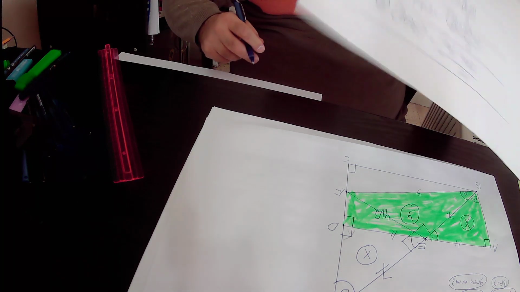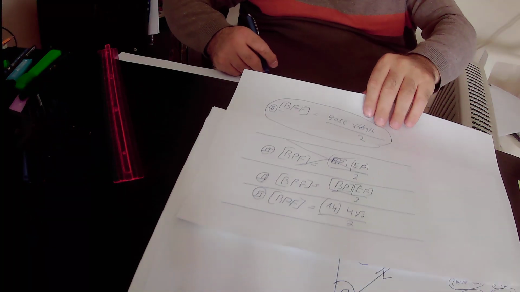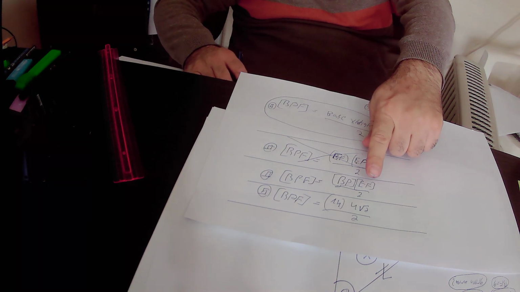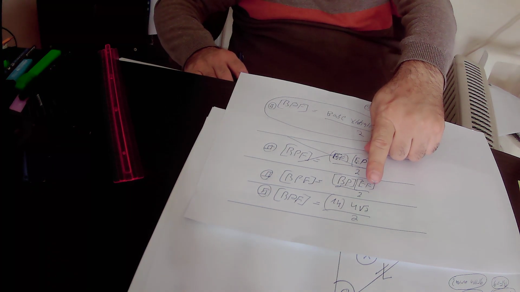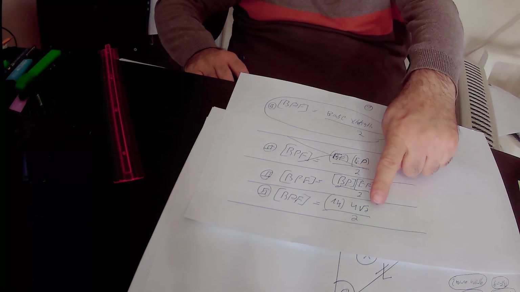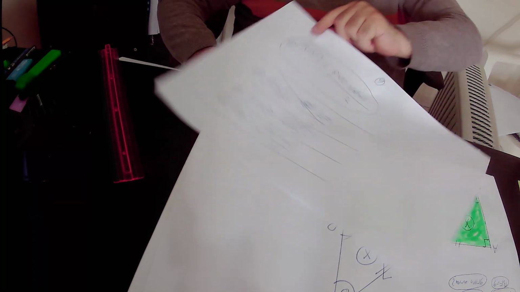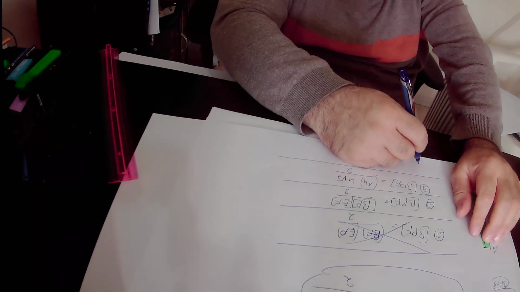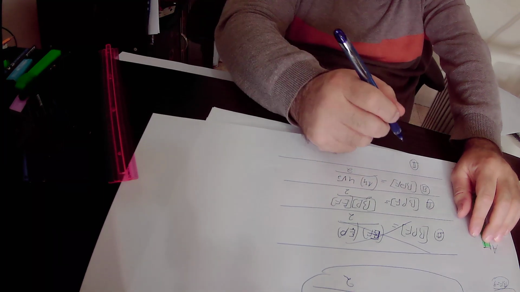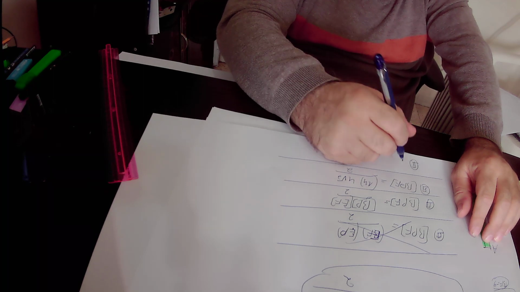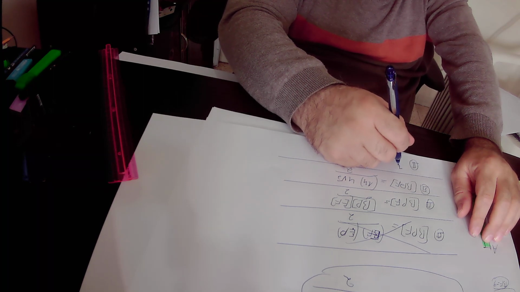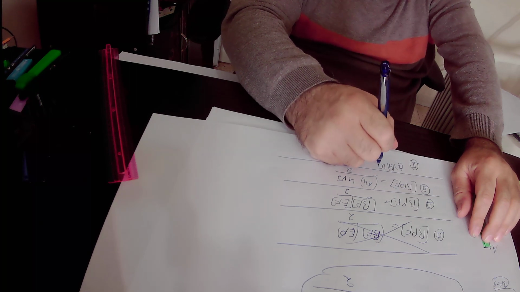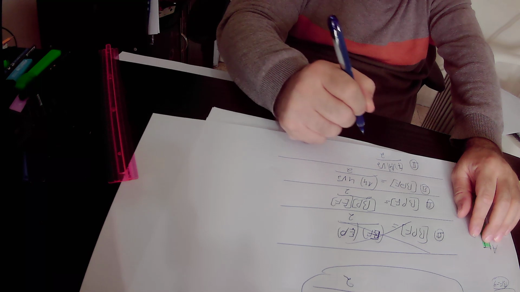So we found out that the area of the isosceles triangle BPF, that is also the area of the green shape, equals 14 times 4 times square root of 2 over 2. 14 over 2 is 7, so I'll write it down: 7 times 4 times square root of 2 over 2.